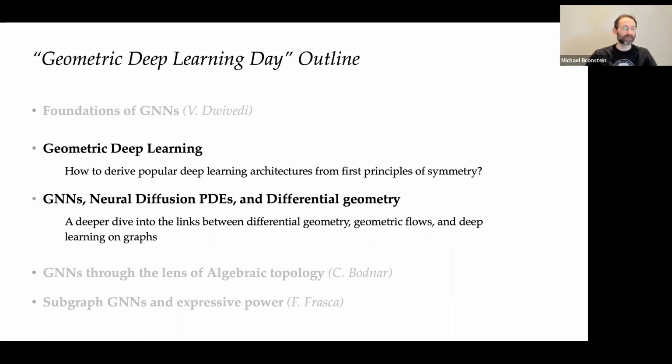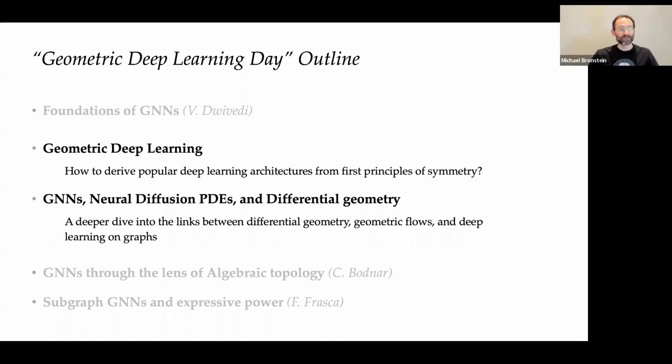Then in the second part of the talk, I will talk about some more recent work we've been doing, trying to connect graph neural networks to notions from differential geometry, such as curvature and geometric flows.